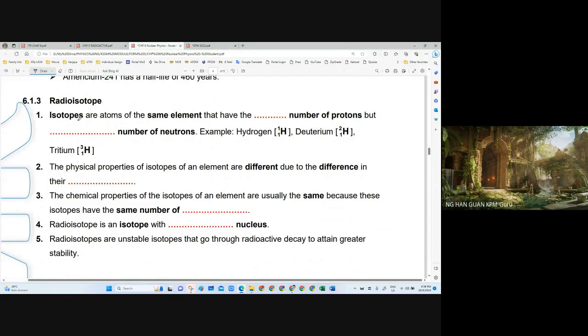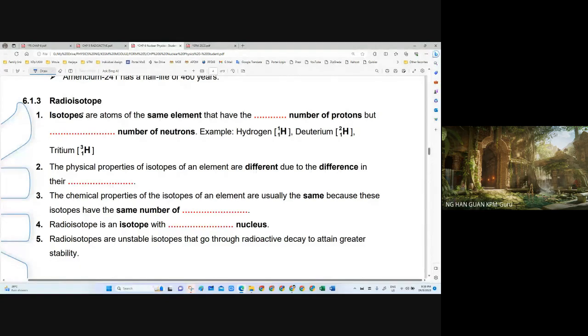This is the meaning of the radioisotope. Isotopes, as you know, have the same number of protons but different numbers of neutrons. So their physical properties are different, which means they have a different half-life. Because they have the same number of protons, they have the same chemical properties.